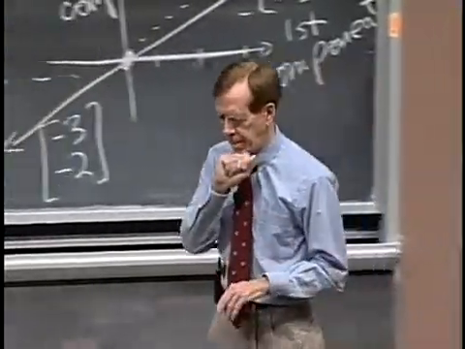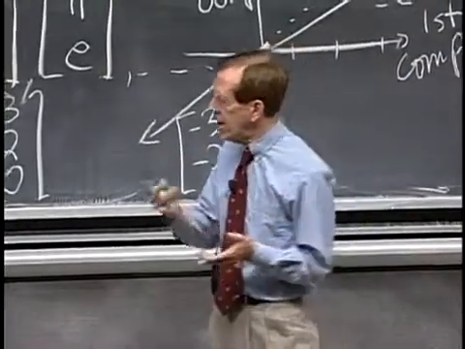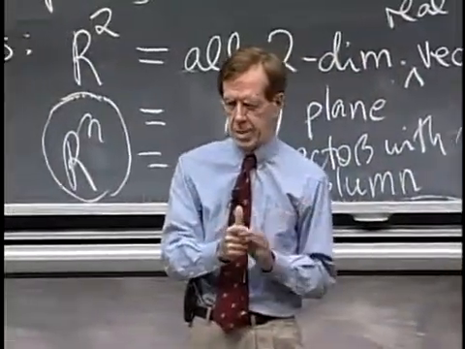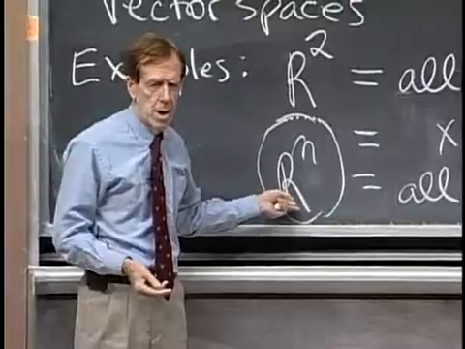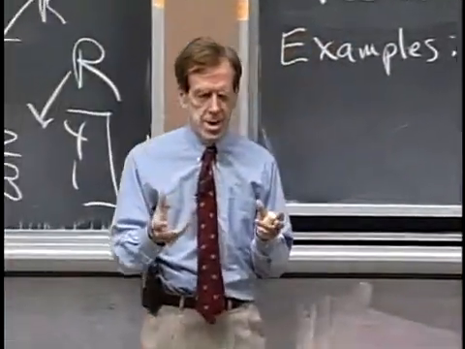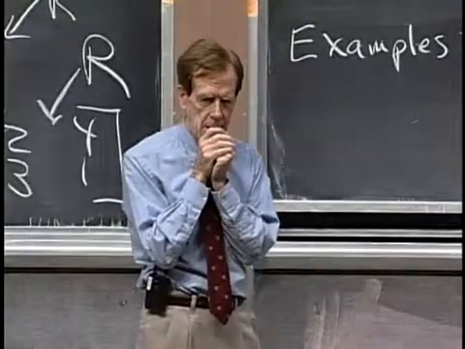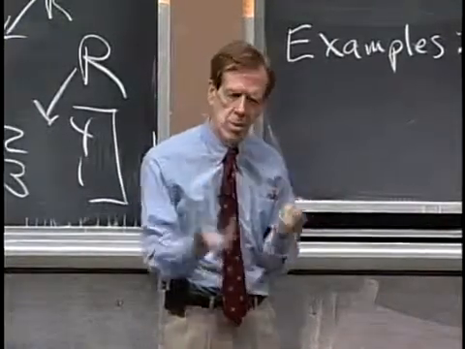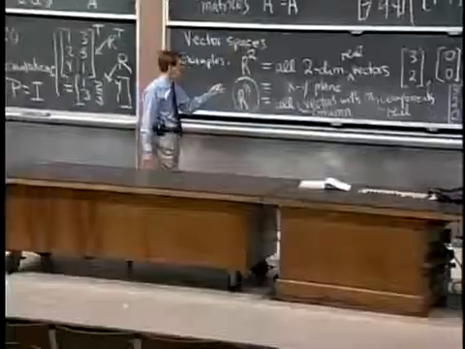So a vector space has to be closed under multiplication and addition of vectors, in other words, linear combinations. Now we're getting to some really important vector spaces. Well, Rn is the most important, but we will be interested in vector spaces that are inside Rn. Vector spaces that follow the rules, but we don't need all of Rn.